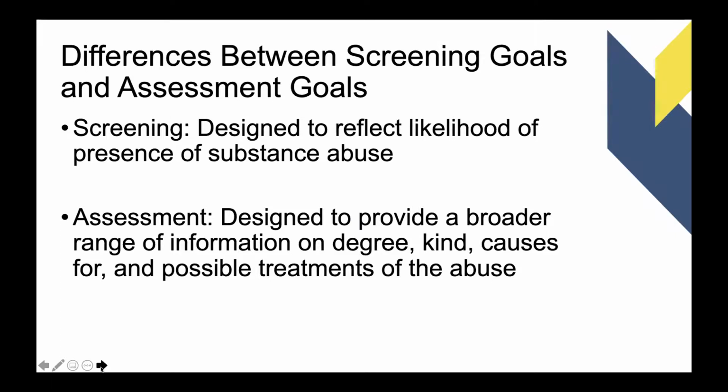Difference between screening goals and assessment goals. Screening is designed to reflect the likelihood of the presence of substance abuse. I have noticed over the years that a lot of medical doctors and nurses, people in the medical profession, are beginning to ask patients questions about substance use that might be obvious from their medical assessment.